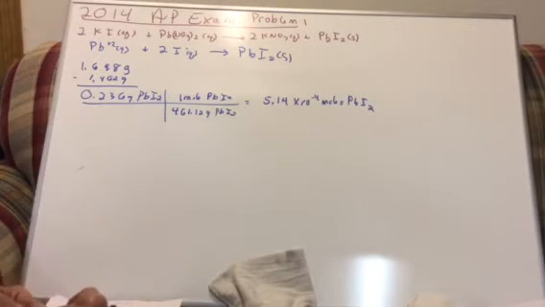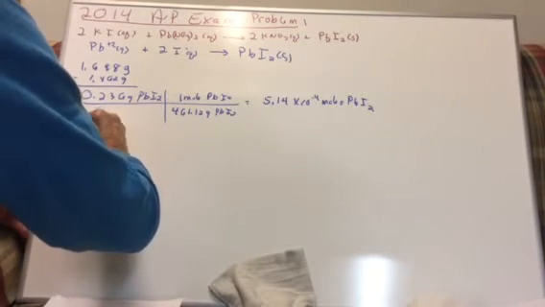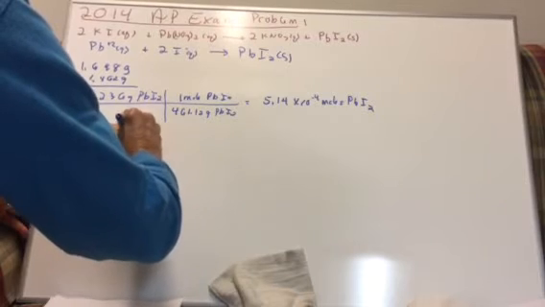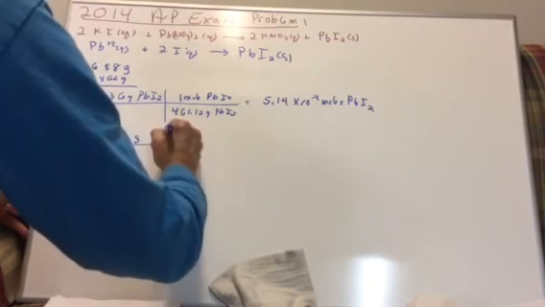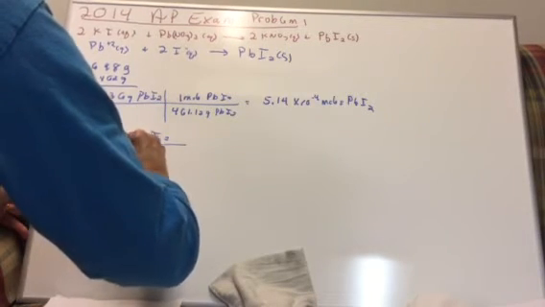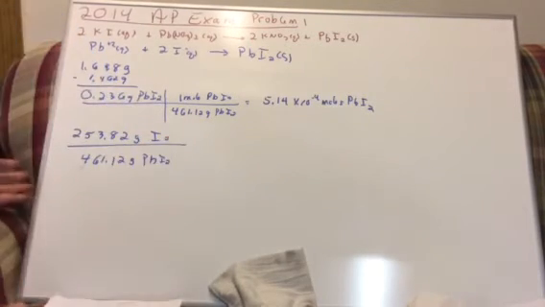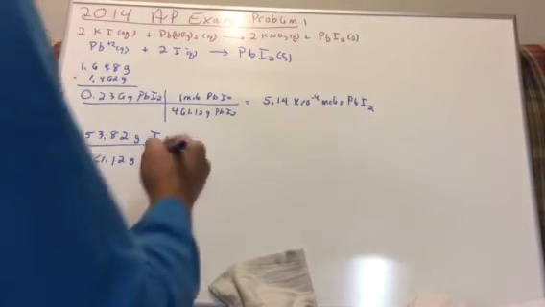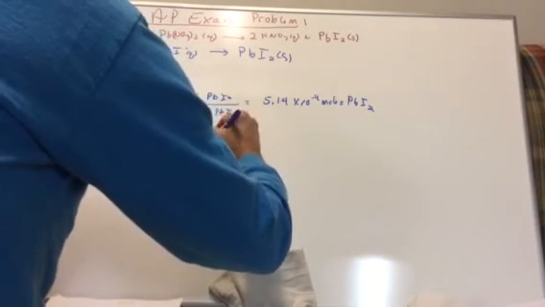All right, calculate the mass percent of iodine in the tablet. Well, what I did is I took the mass per mole of iodine over the mass per mole of potassium iodide, times the total mass of the potassium iodide.